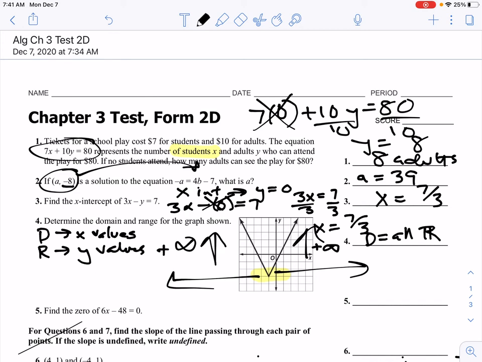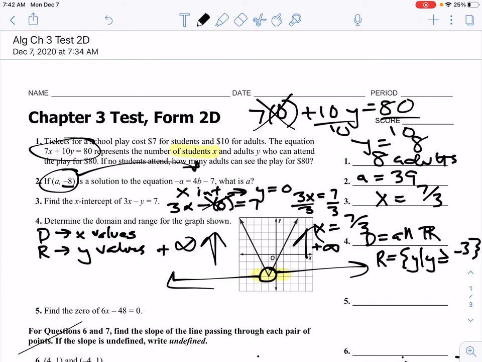So that means that your range is going to be, and I'm going to write this in set builder, all right? So y, for y, if y is greater than, and then just pick this lowest point there. Y has to be greater than, and then we'll say it's probably equal to as well. Greater than or equal to -3. So that's the lowest point.